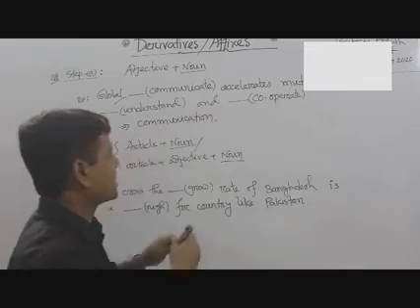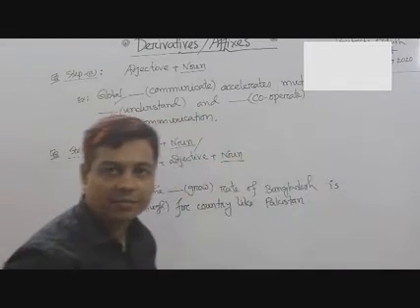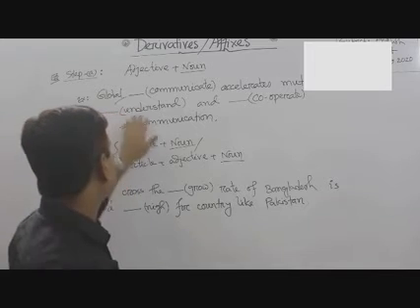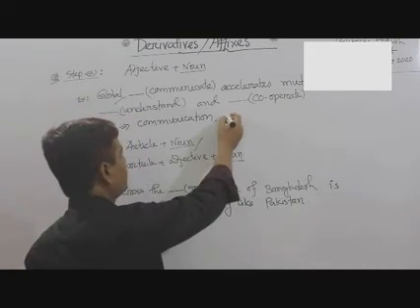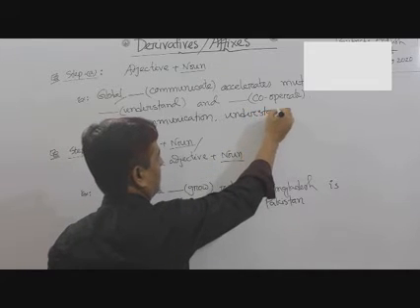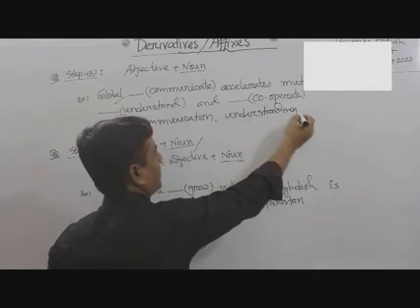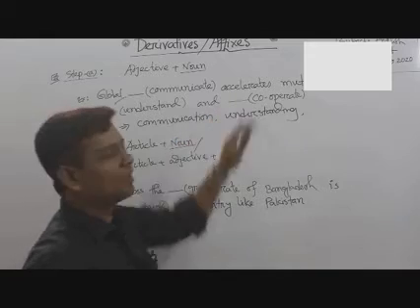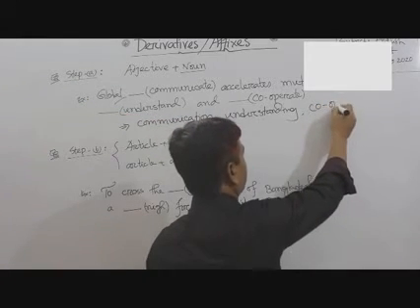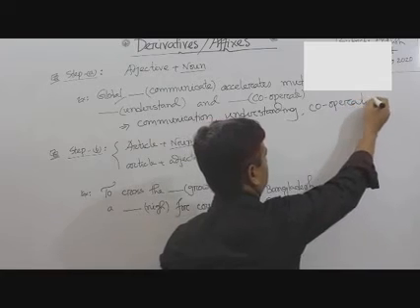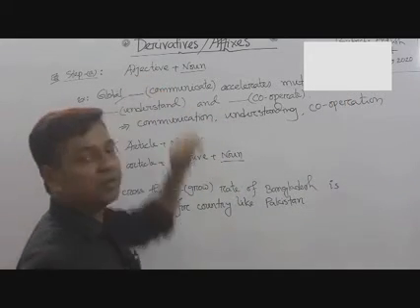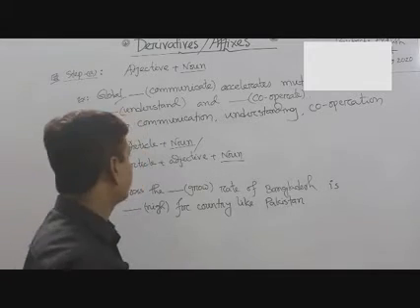Accelerates, mutual, understand. Mutual is also an adjective, so after adjective we have to use noun again. The noun form of understand is understanding. And cooperate, the noun form of cooperate is cooperation. In this way we see that after adjective comes the noun.